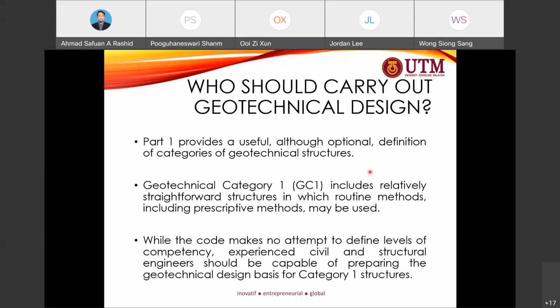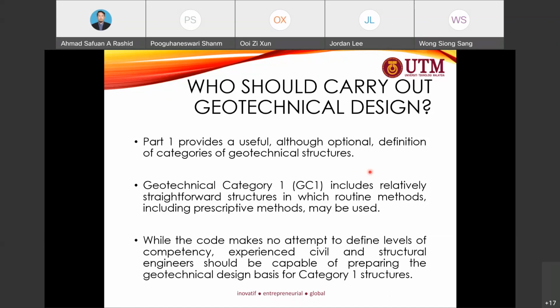So it means that for GC1, it's not required for the contractor to follow 100% of EC7.